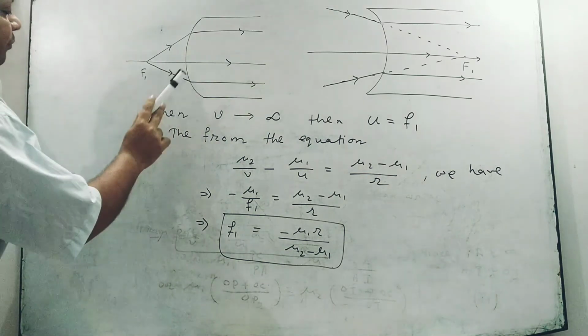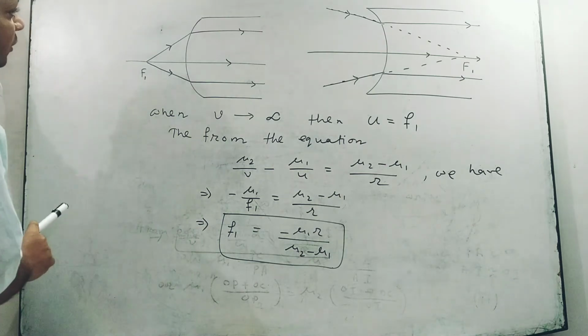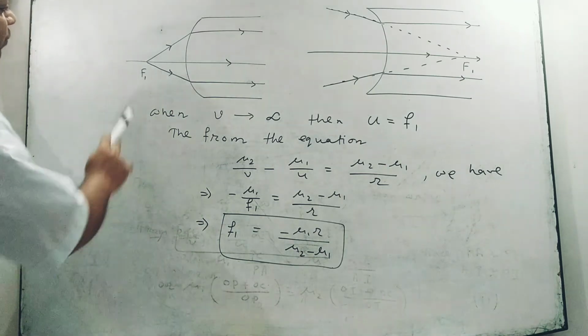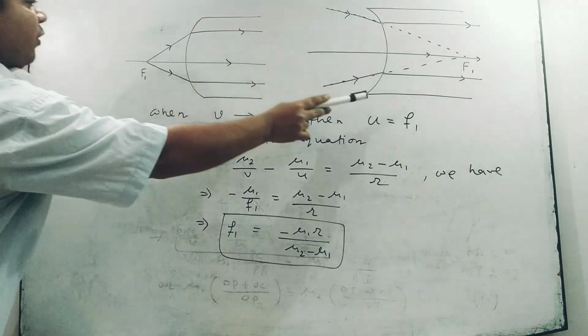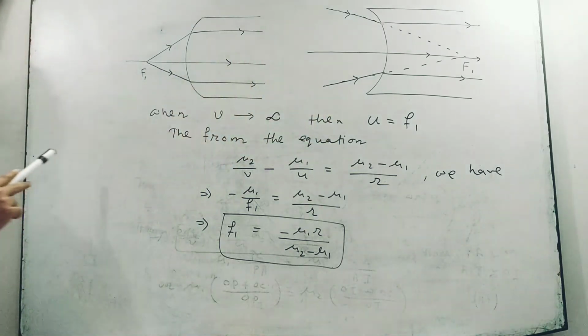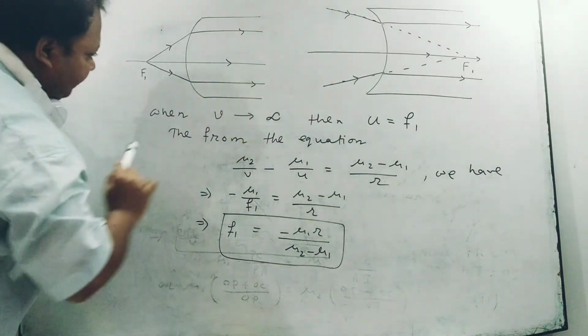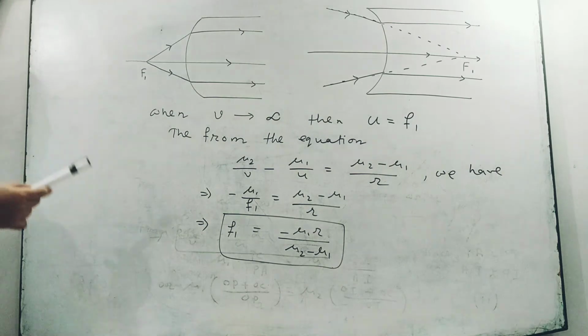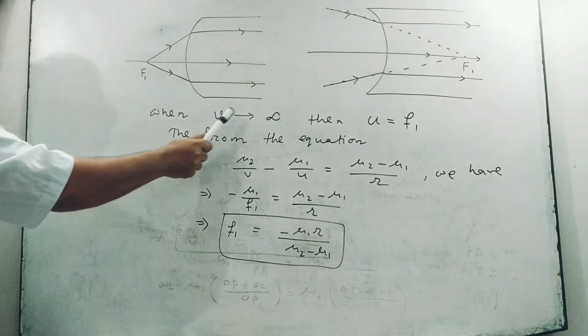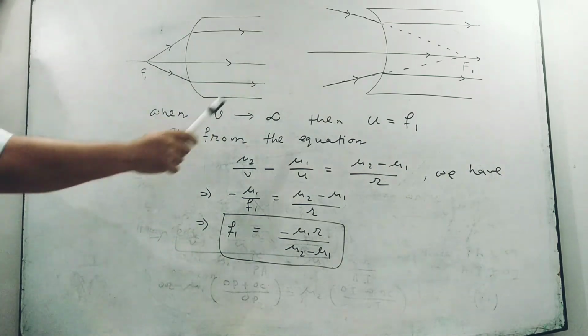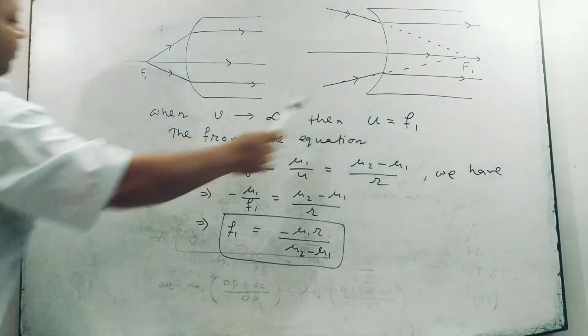In case of convex refracting surface, the object is real. In case of concave refracting surface, the object is virtual. That is, when v tends to infinity, then u is equal to f1.